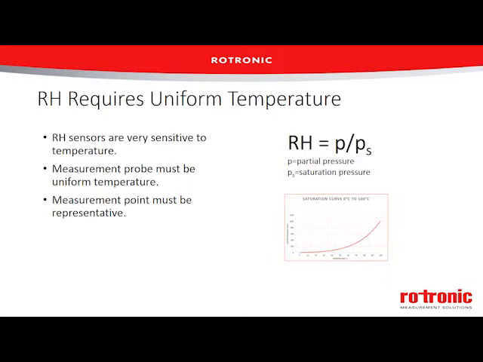We also have to keep in mind that our measurement probe must be at a uniform temperature. If there's any gradients along that probe, that can potentially create a microenvironment at our sensor where we've got an incorrect temperature. We also want to make sure that our measurement point is representative. When we're in a large space like a warehouse, we want to make sure we're taking our measurements somewhere where we've got our average temperature and avoid any hot and cold spots.